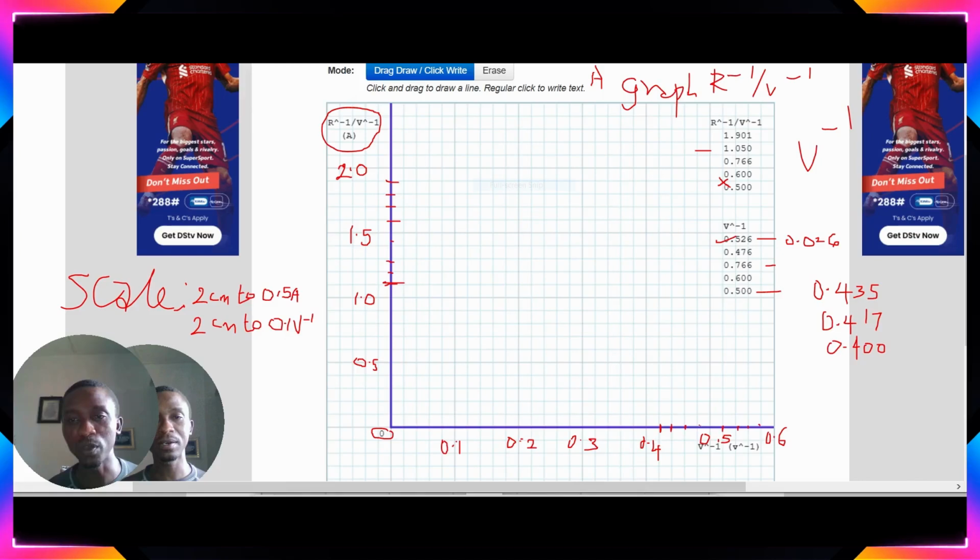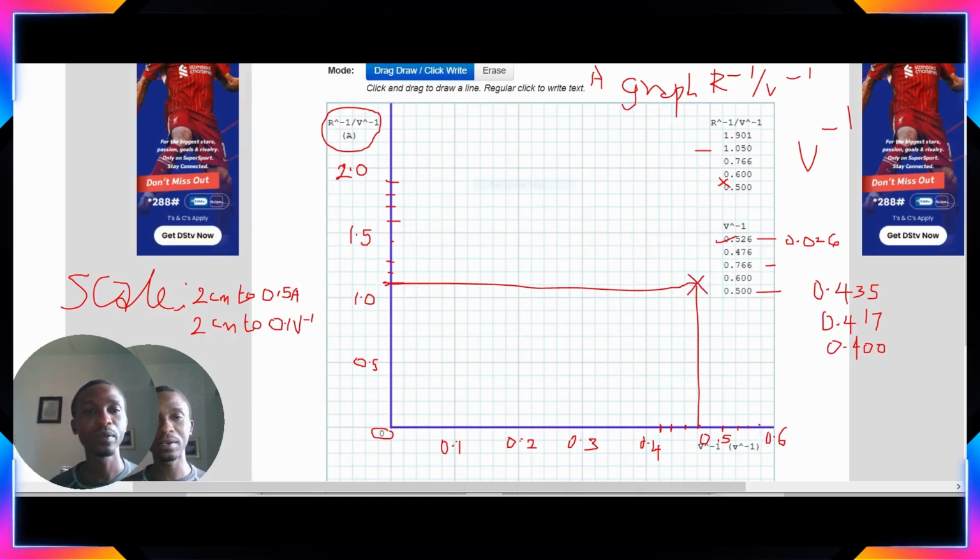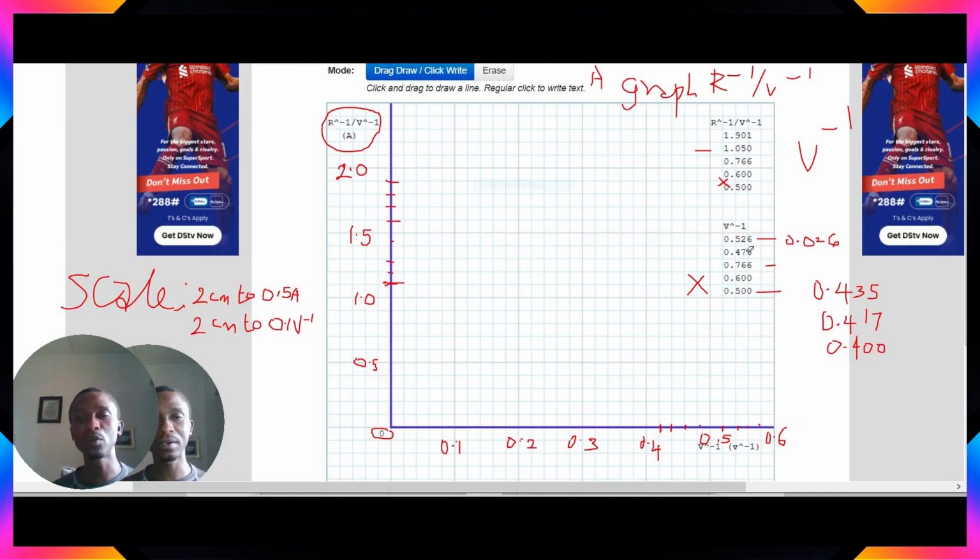We can have 0.476, but 0.476 can be approximated to 0.48 on the graph. So here will be the value. So if you look at here, then this one is coming like this. So then here is our point. You can use multiplication, you can use addition, you can use dots to mark your point, but don't use asterisk.